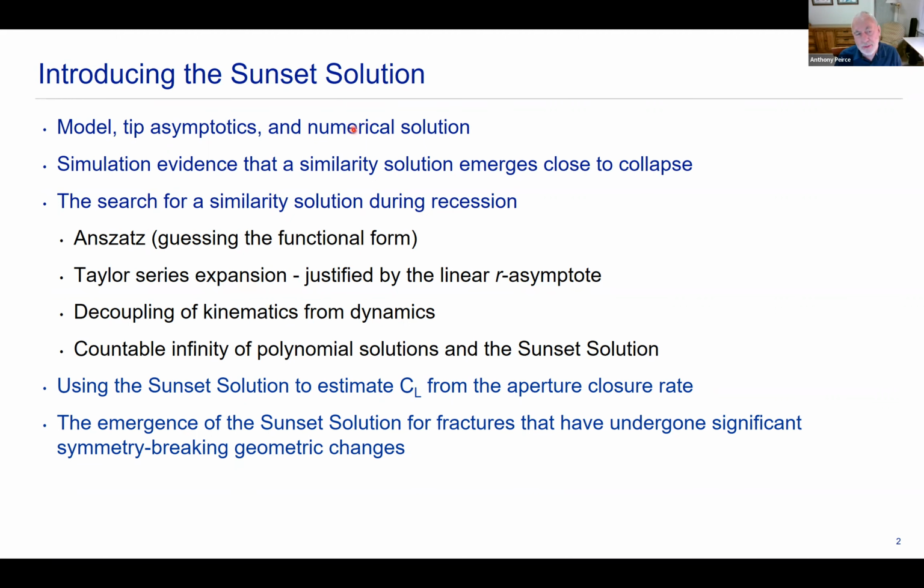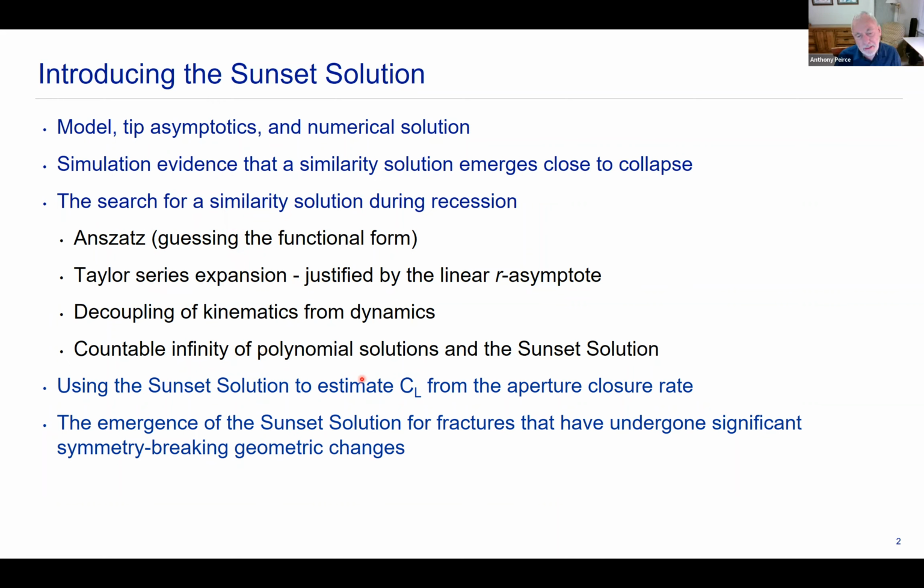I'll show you some of the evidence of that, and then take you through the story of our hunt for the similarity solution by guessing the functional form, Taylor series, and some interesting stuff comes out of that.